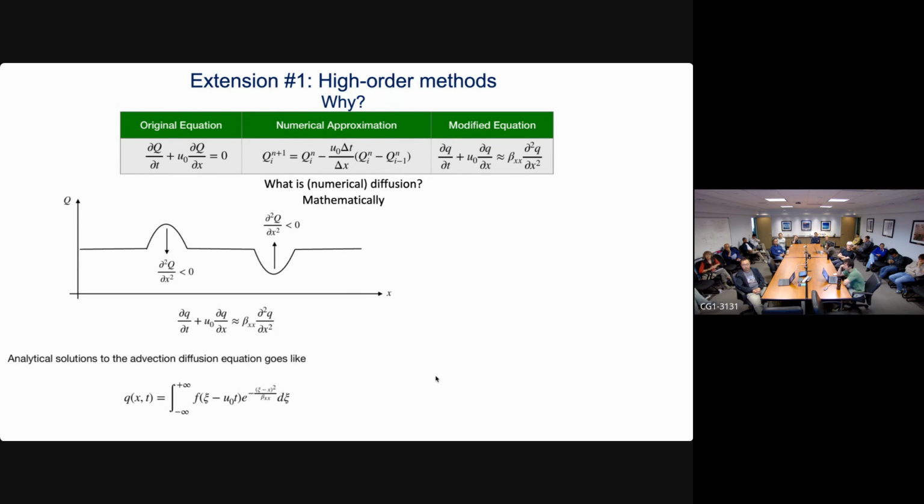So the numerical truncation error introduces a diffusion error, and mathematically it means that all the wave profiles convolve with a Gaussian. Whenever you have a bulge or a cave, as time increases, it gets smeared.